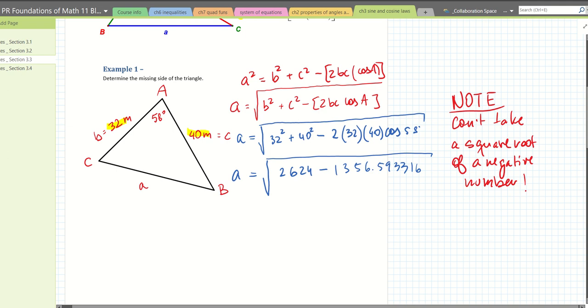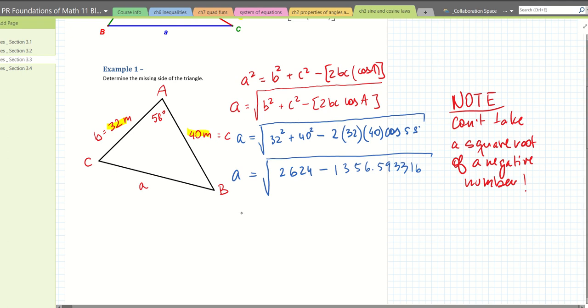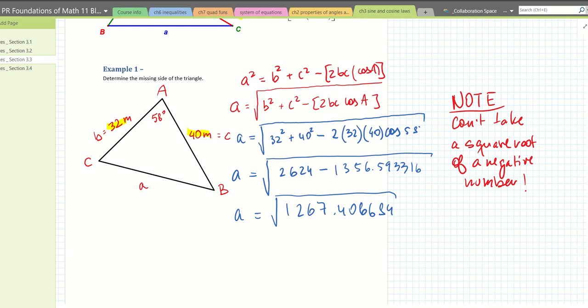So let me see, 2,624 minus the answer, I get the following. So A is going to equal the square root of 1,267.406664. Like I said, normally you would not have to write these steps. This is just to show you that we do end up with a positive here, so then I can take the square root of this number. So take the square root as a final step.